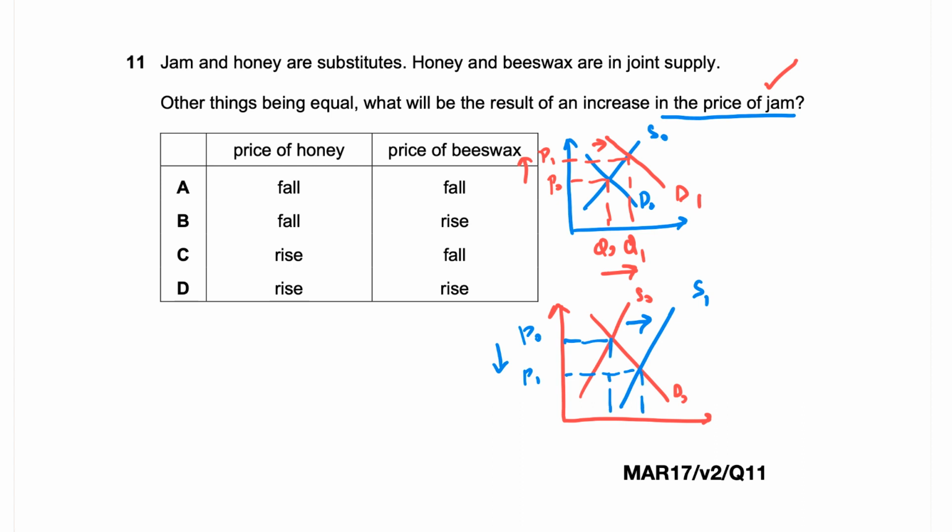So this is my market for beeswax and this is for honey. More honey production leads to higher supply of beeswax, which in turn leads to a lower price for beeswax. So a fall in the price of beeswax and a rise in the price of honey. So C is the right answer.